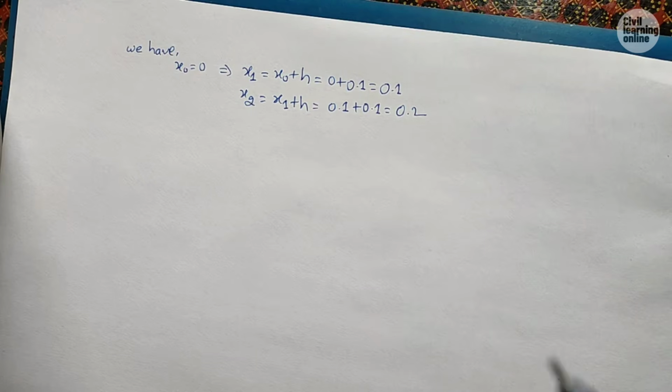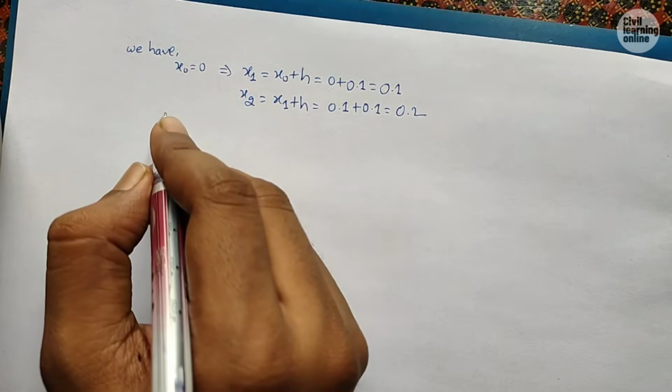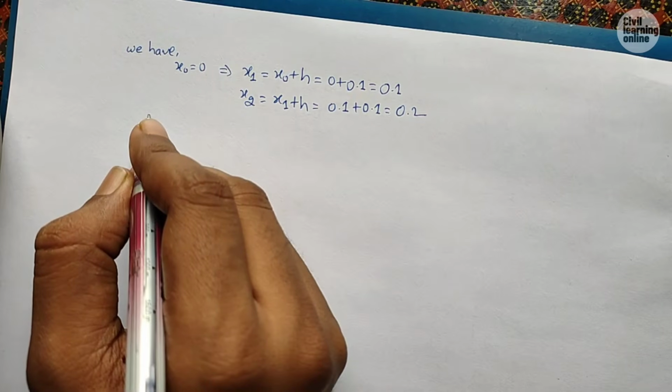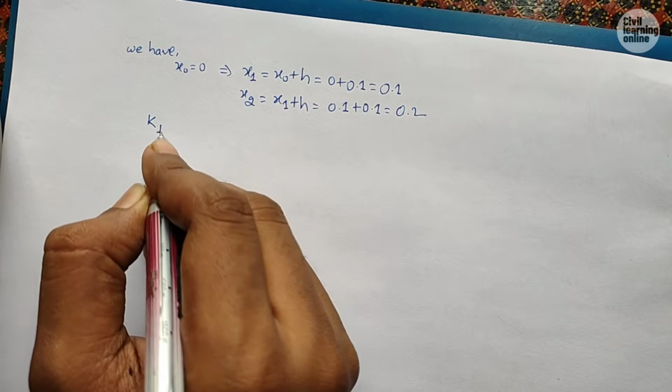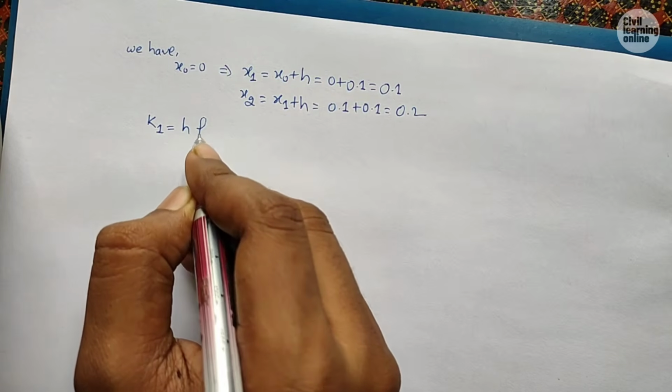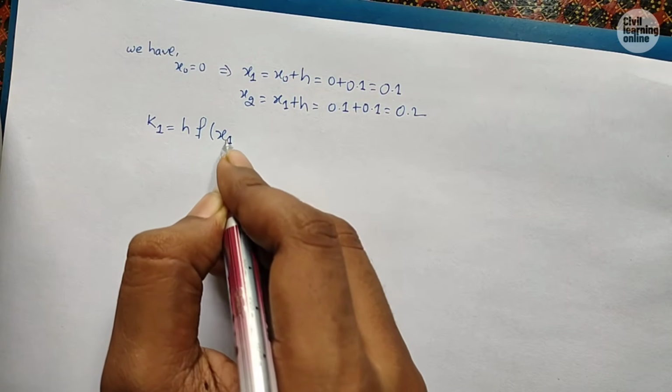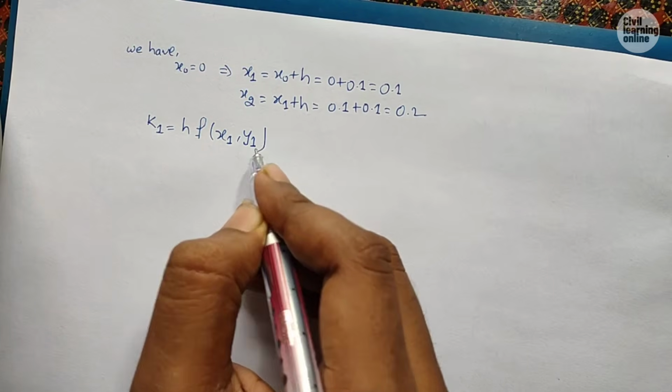So let us again calculate the value of k1, k2, k3, k4. So we have x2 equals 0.2, then we will have k1 equals h f(x1, y1).